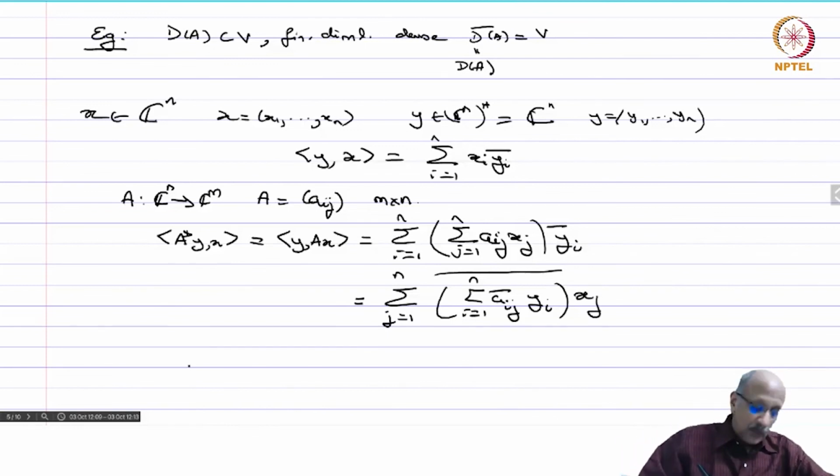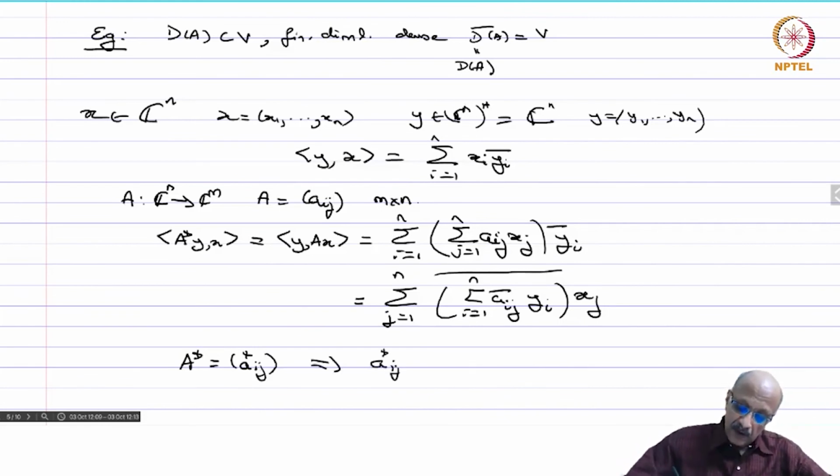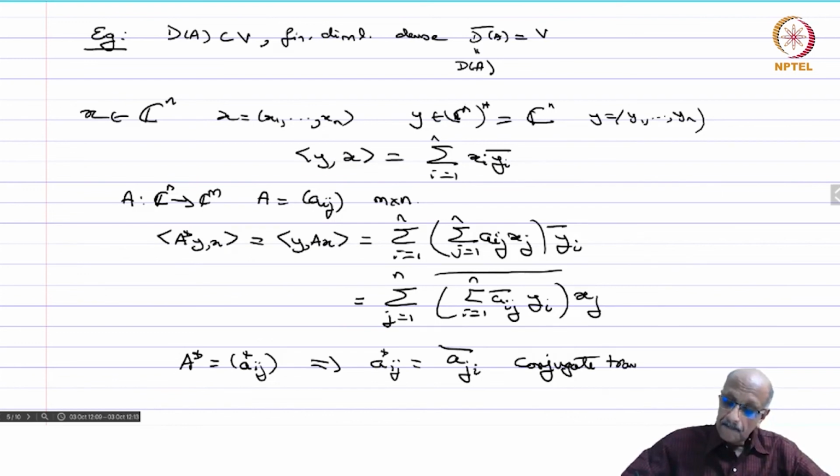And therefore, if A star is the matrix A star ij, then it automatically follows that A star ij is nothing but Aji conjugate. This is the usual conjugate transpose of the matrix A. So this is how the adjoint works. In the real case, it is just the usual transpose of the matrix. There is no conjugation involved.